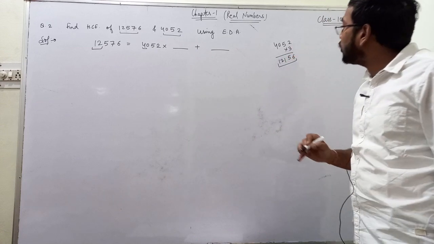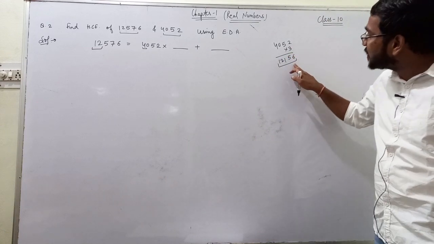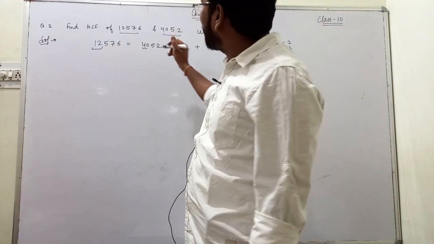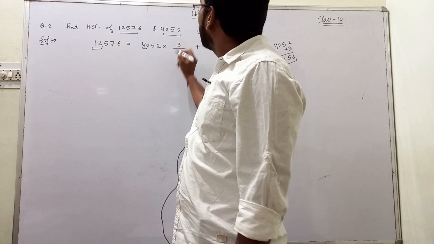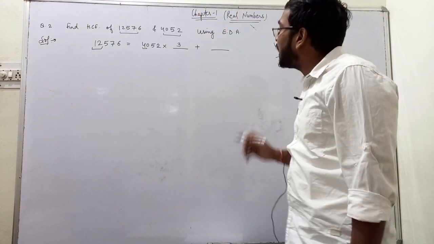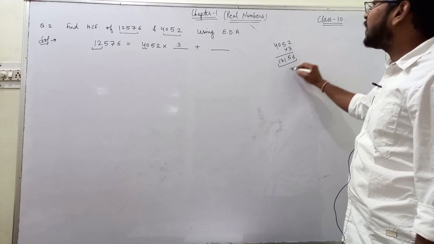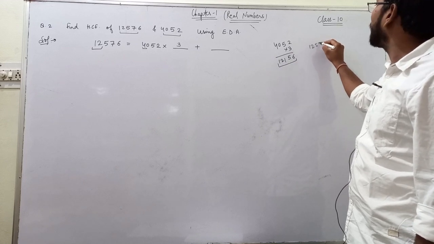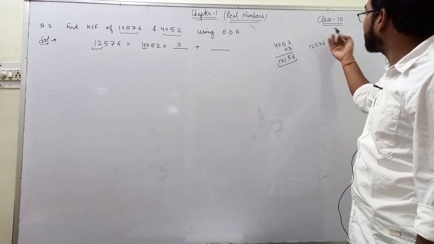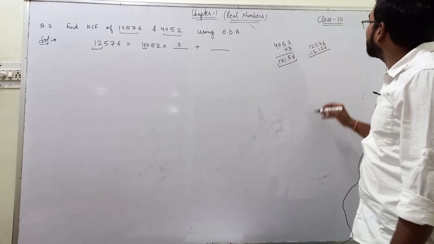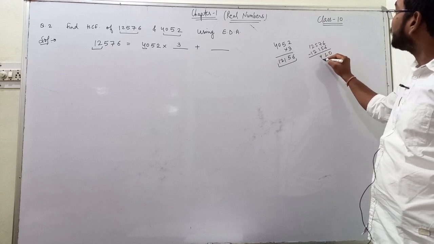So the number is 12156, and 12156 is smaller than 12576. So when 4052 is multiplied by 3, what is the remainder? If I subtract 12156 from 12576, I get 420.